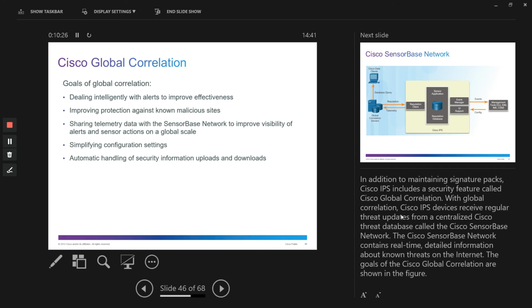The Cisco sensor-based network contains real-time information about known threats on the network. The goal of Cisco global correlation is dealing intelligently with alerts to improve effectiveness, improve protection against known malicious sites, and share telemetry data with the sensor-based network to improve visibility, simplify configuration settings, and automatically handle security information uploads and downloads.